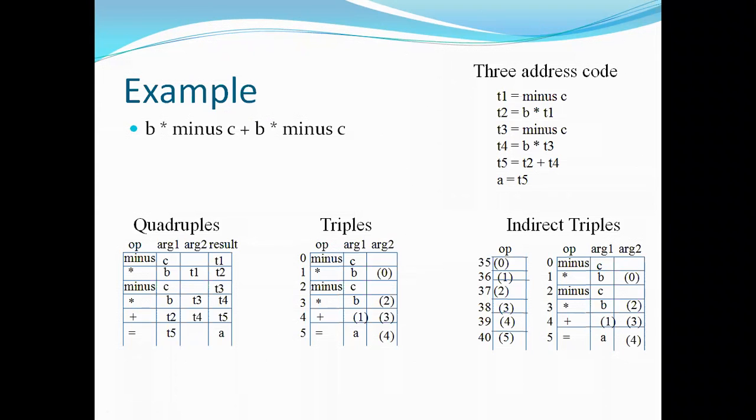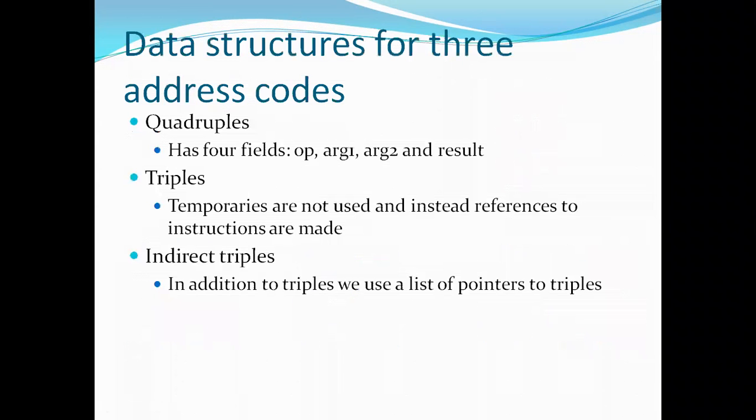That is a triple. Now, the third one is the indirect triple. Up to now we know two data structures: one is the quadruple and the second one is the triple. In indirect triple representation, the listing of triples is done. That means listings of pointers are used instead of using statements.